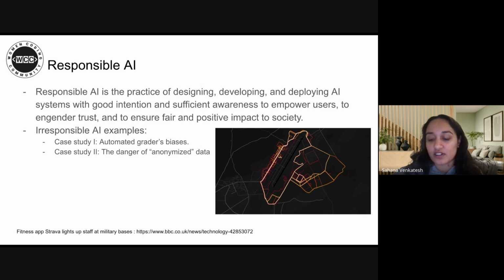Responsible AI needs no introduction, but I really love how the author uses two examples of irresponsible AI to help us understand why we should be thinking about it. The first example is from the summer of 2020, when the UK had to cancel A-level exams because of the COVID pandemic.